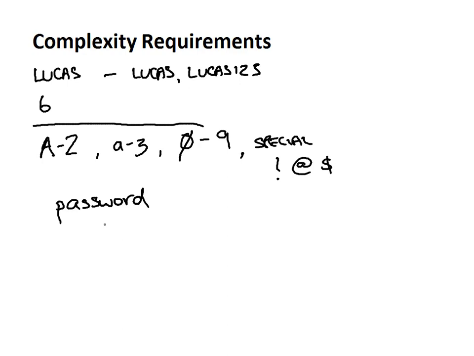Now, if we did want to use the word password but make it comply with our complexity requirements, we could use an uppercase P. For the A, we could use the @ symbol, and then simply enter the rest of the word in lowercase. And that password would meet the complexity requirements because we're containing an uppercase character, a special character, 1 or more lowercase characters, and of course we have 1, 2, 3, 4, 5, 6, 7, 8 characters when we need at least 6.